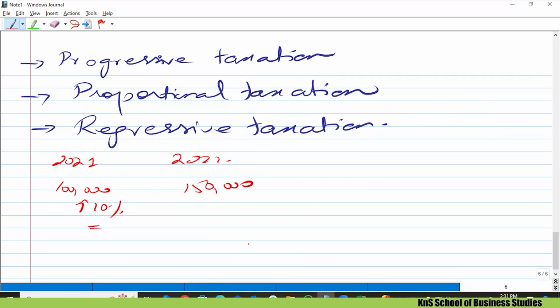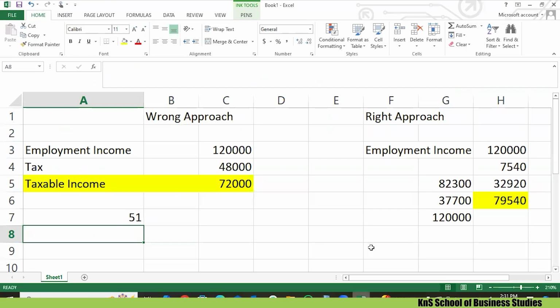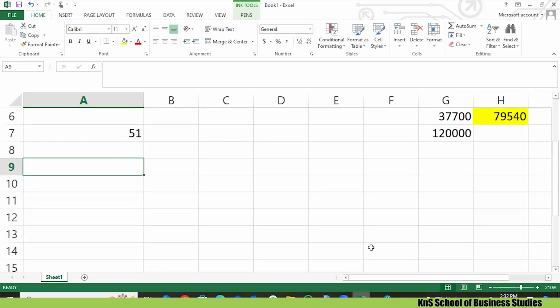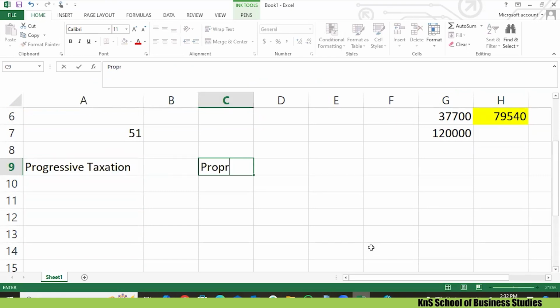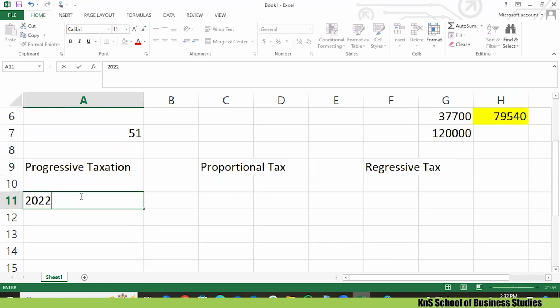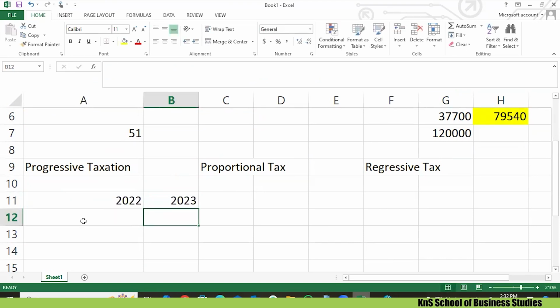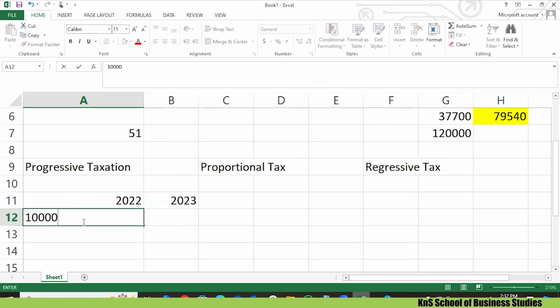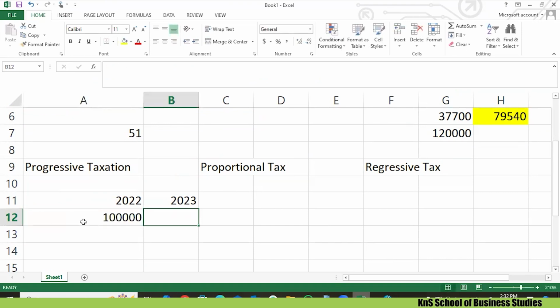So my tax used to be, but let's do this on Excel as well. In 2022, my income used to be 1 lakh, but in 2023, my income is 150,000.